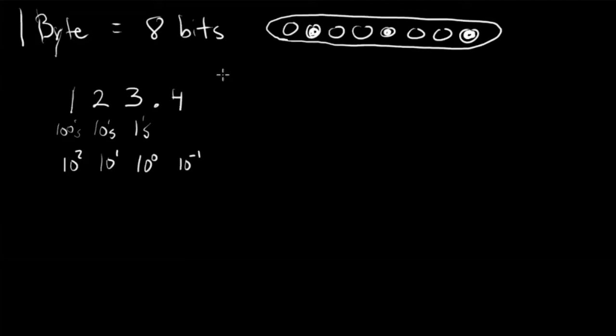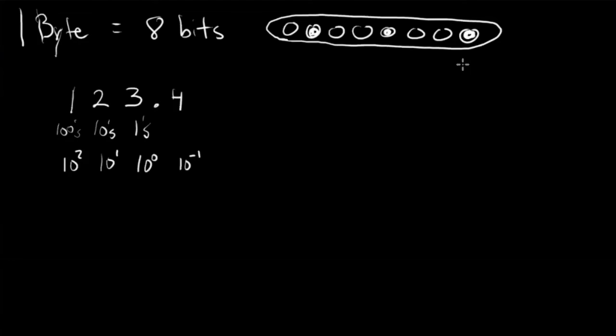In the same way that we do this over here, we use that same system here, except I can use 10 digits here, but how many digits can I use here? If you only have on or off, how many different possibilities is that? 2, okay?